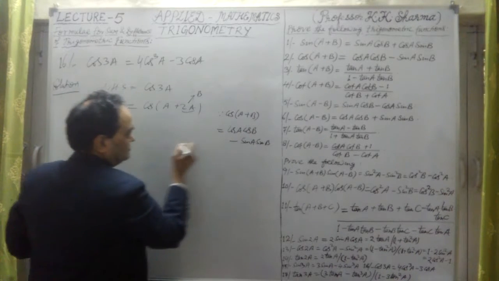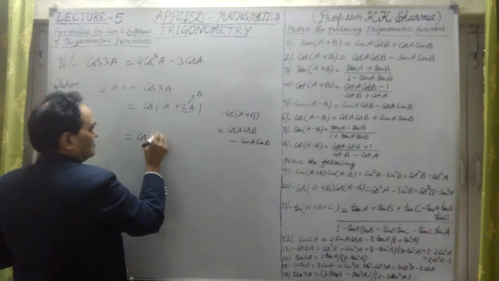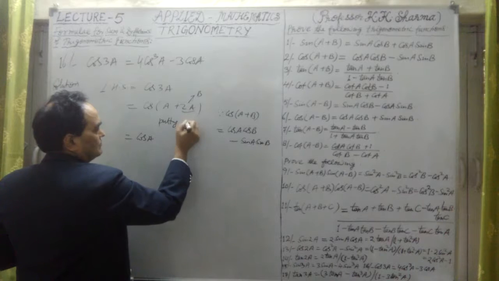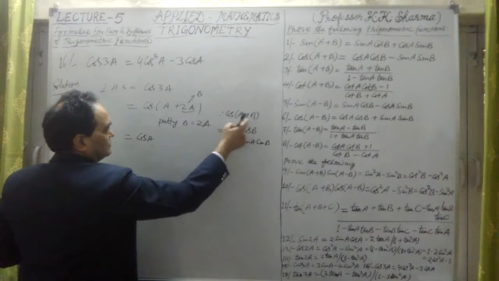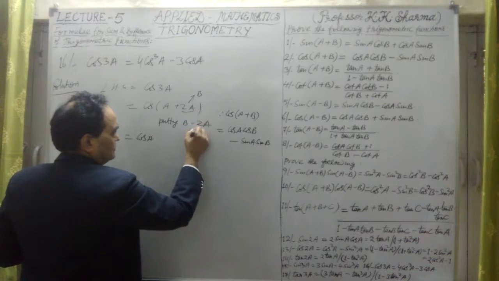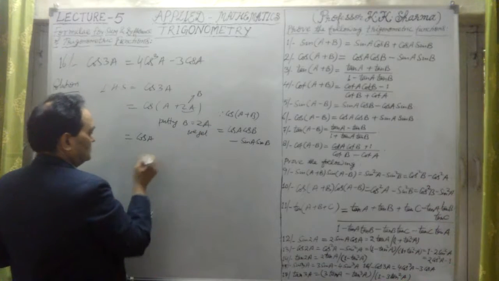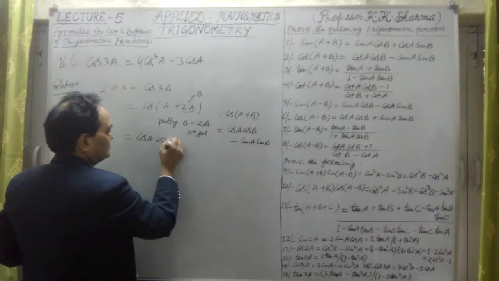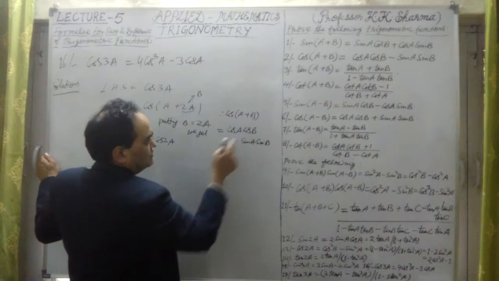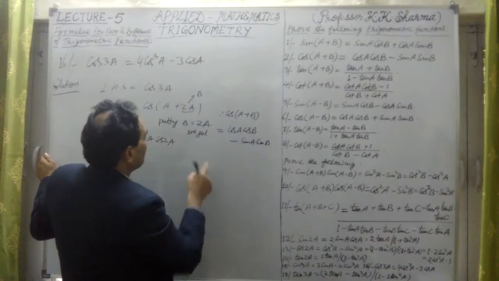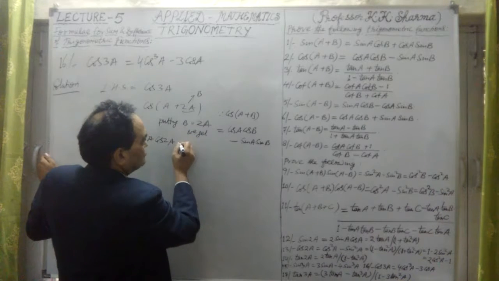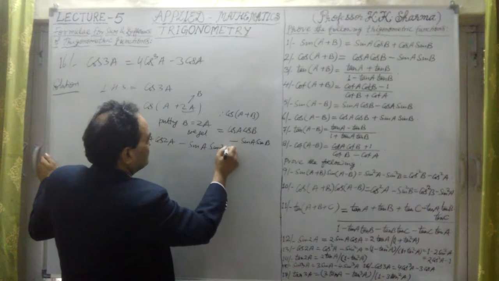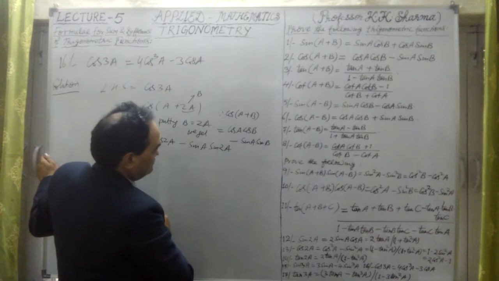What will it be then? Putting B equal to twice A in this equation, we get cos A into cos twice A, because in place of B we have put twice A, minus sin A into sin twice A. That is the point.